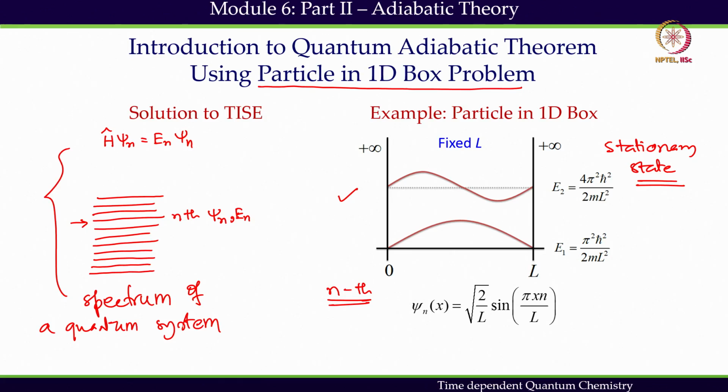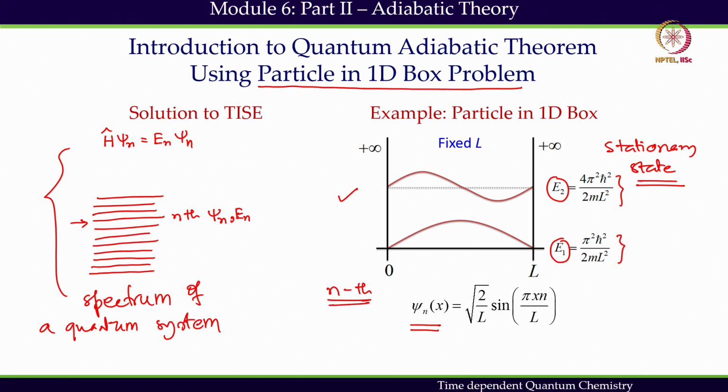All the stationary state solutions we get from the time independent Schrödinger equation, and the nth wave function is given by this expression, which is very well known to us because this is a very frequently taught problem in quantum mechanics. And the energy states are following. The first energy state has this energy, the second energy state has this energy, and we go on like this.